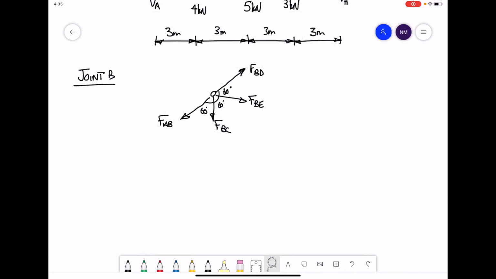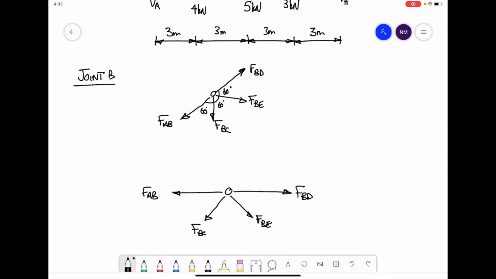So redrawing our member by turning it around 30 degrees clockwise. Force AB, force BD, and our two forces, force BC, force BE.